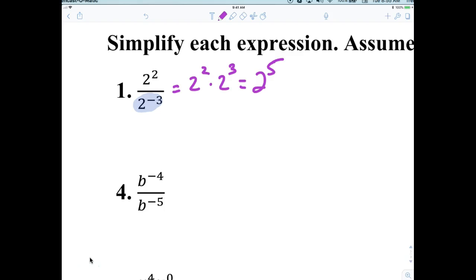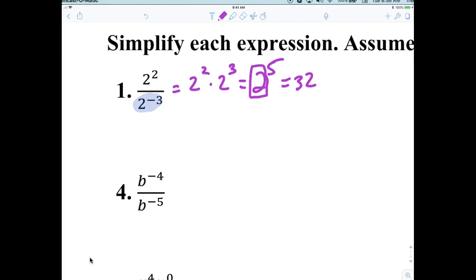Common mistake is to write 4 to the 5th. The bases do not change. When you're multiplying numbers with exponents, the mistake is to make that a 4. It's not. All right? Now, of course, we know 2 to the 5th is 32, but do I care about the number? No, I'm caring about, do you understand the exponents?